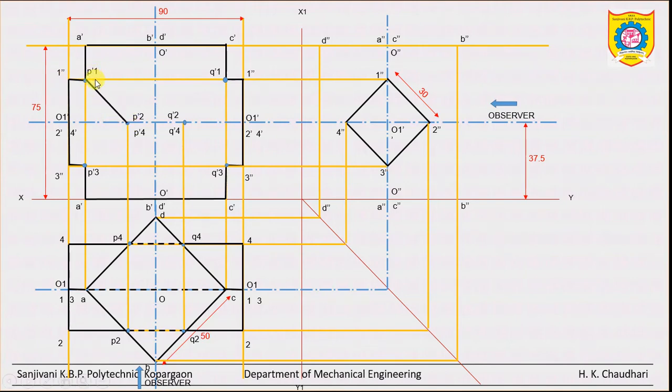See, P1 to P2, this line we have joined here. That is the common line to both the prisms. And when we observe from here, we can understand this 1 and 2.